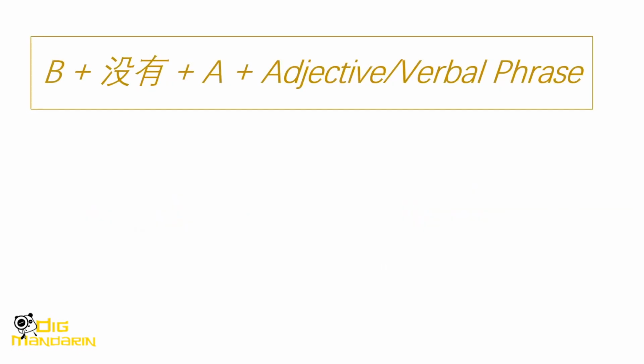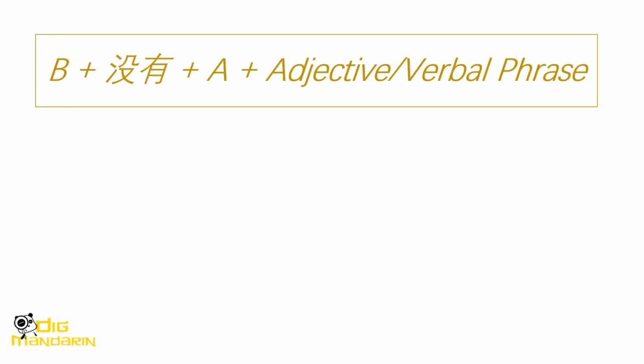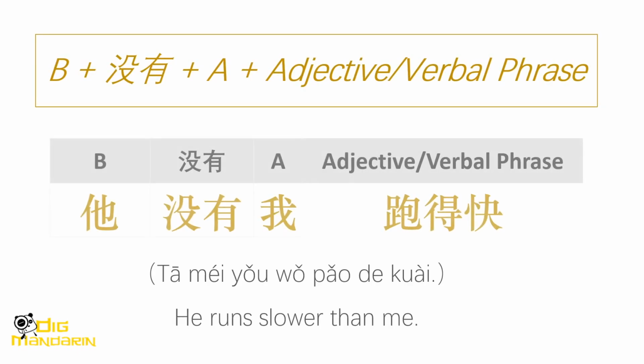Example 3. 我没有他高 I'm shorter than him. Example 4. 他没有我跑得快 He runs slower than me.